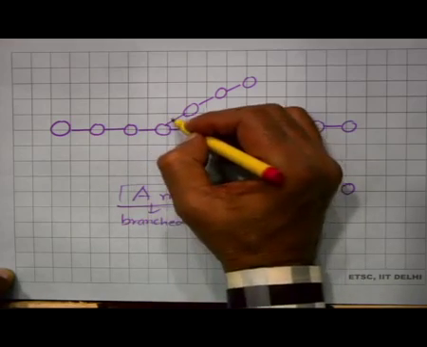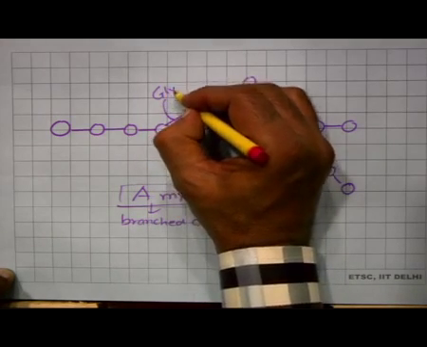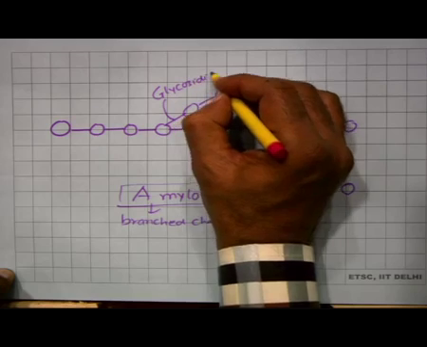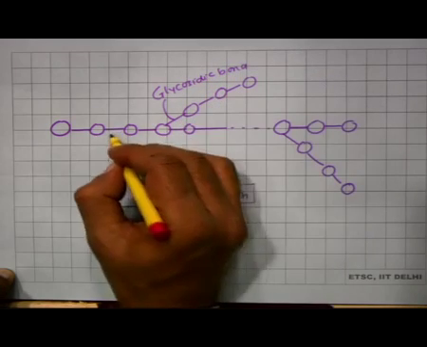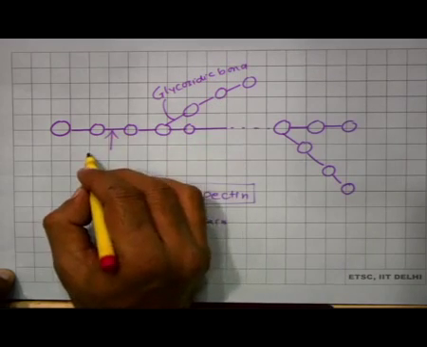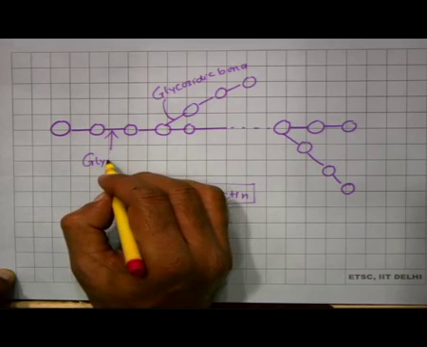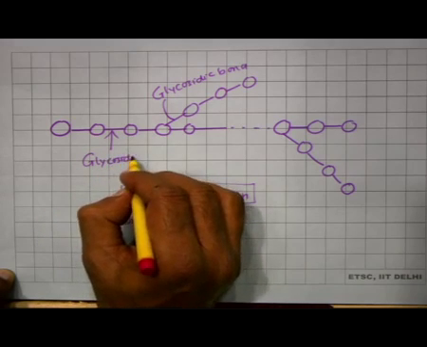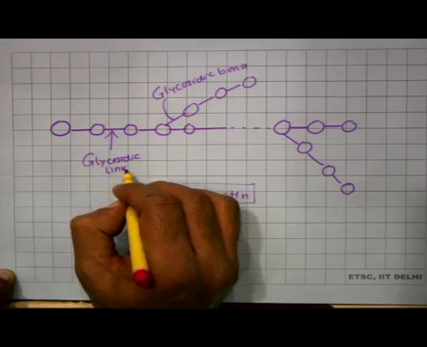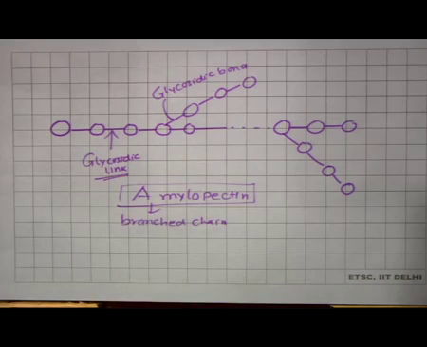This branched chain is formed by the glycosidic bond, no doubt, and the linear chain is also formed by the glycosidic link. So, there are two types of starch, which is the energy storage, amylose and amylopectin.